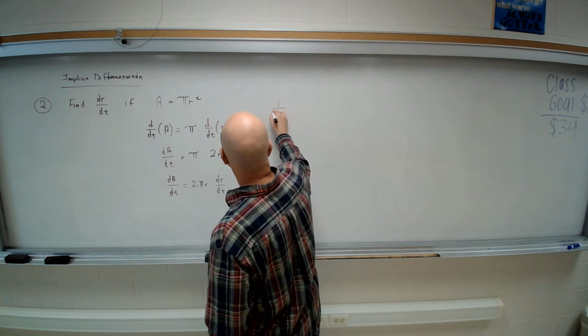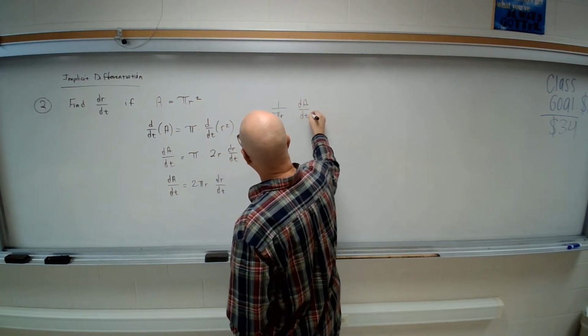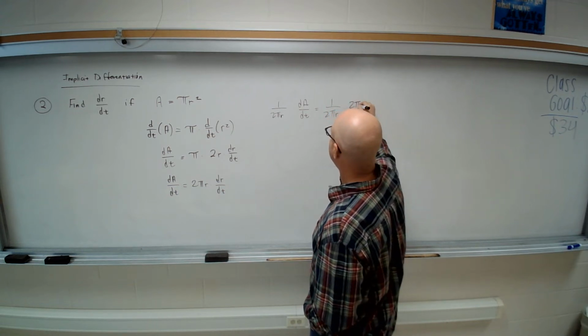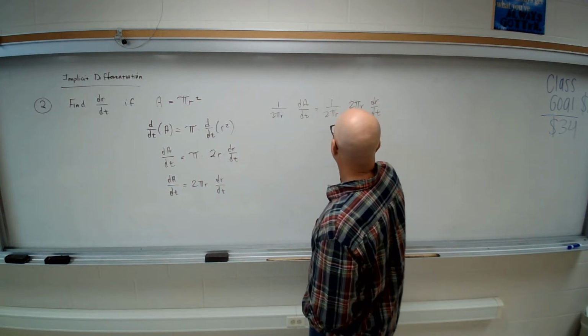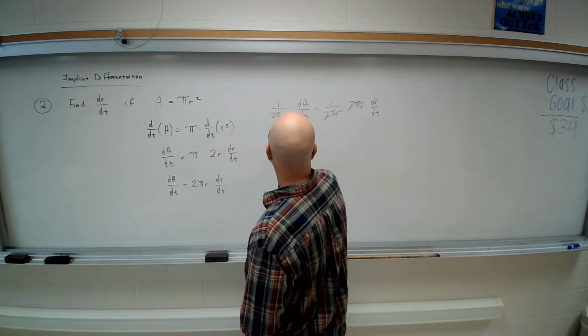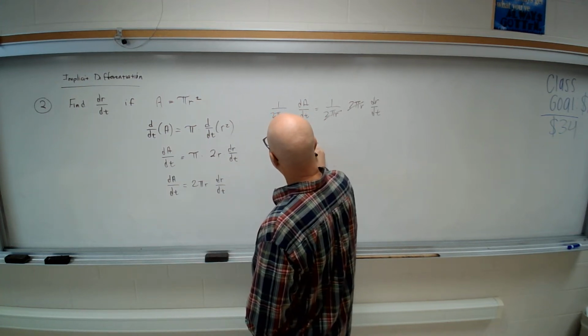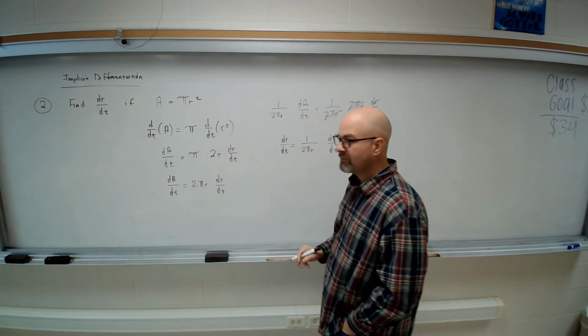So 1 over 2 pi r times dA over dt equals 1 over 2 pi r times 2 pi r dr over dt. Again, just showing a lot of work there. Those will cancel out. So we get dr over dt is 1 over 2 pi r times dA over dt.